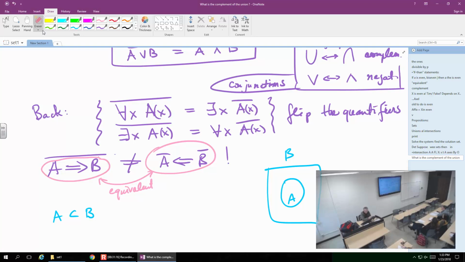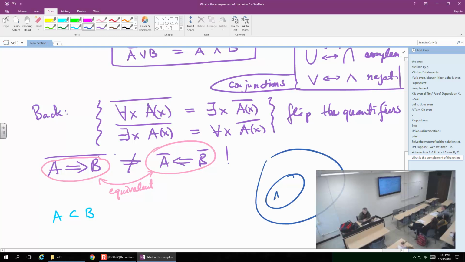Maybe a better picture: A and B. Okay, so that's the correspondence between sets and logical statements. Saying that A implies B is like A is a subset of B. You can go backwards if you want to. How do I describe what I have on the right? I say if x belongs to A, then x belongs to B. Okay, so back and forth, logic, sets, same thing.